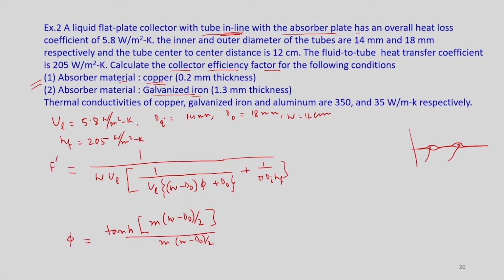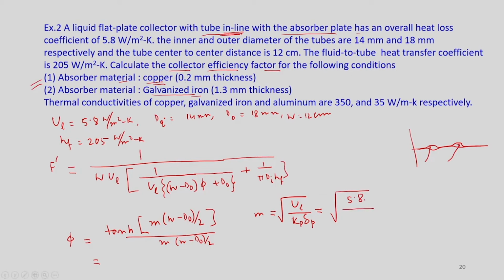So, these values are known to us. So, straight away you can calculate what is phi. Before that we must know what is m. So, m is equal to root over UL by Kp del P, right. If we substitute the values, UL is 5.8, then what is Kp?